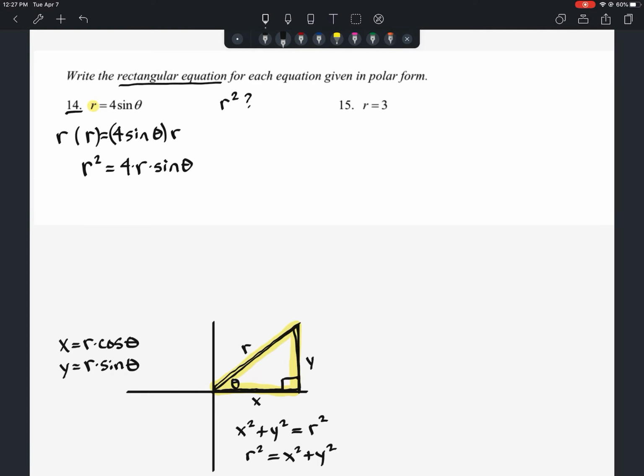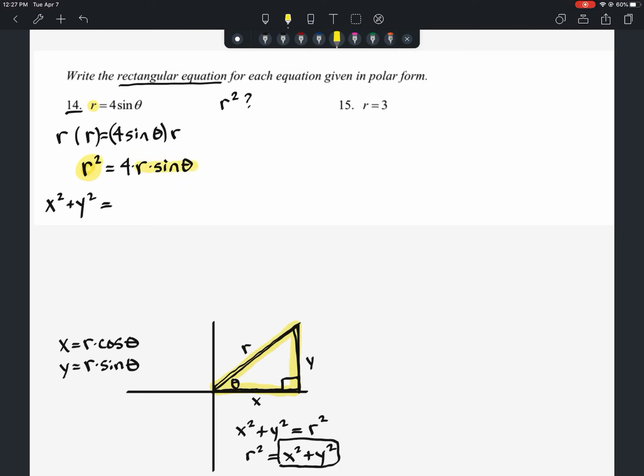On the left side, r squared, I can turn into x's and y's using the Pythagorean theorem. R squared is the same thing as x squared plus y squared. On the other side, I have 4 times r times the sine of theta.